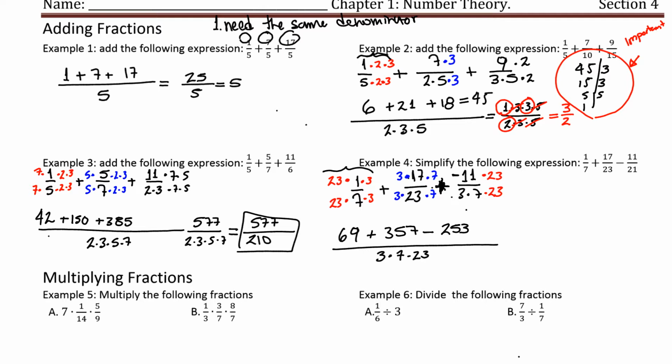Once we have all of this, we need to perform the operation. We're going to add 69 and 357 together and subtract 253. And the answer that we get is 173 over 3, 7, 23. Now, since the bottom is already a set of prime numbers, we can simplify this if 173 is divisible by any of those three numbers.